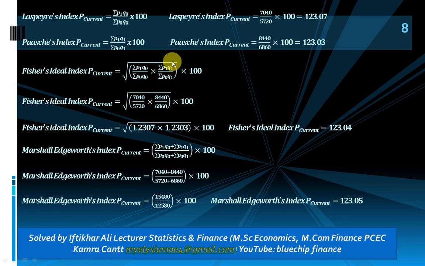Take the square root and multiply the result with 100. So Fisher's index will be 123.04. In a similar way, instead of product we just take the sum sign in both equations: sum of P1Q0 plus sum of P1Q1 divided by sum of P0Q0 plus sum of P0Q1 multiplied by 100, and Marshall Edgeworth index will be 123.05.